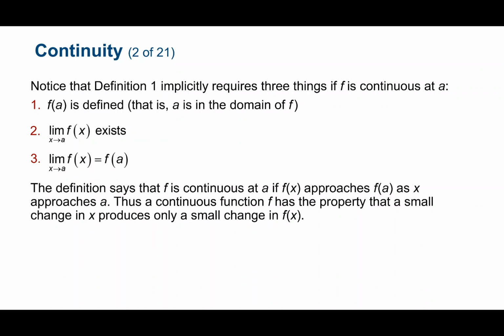Two, that the limit as x approaches a exists. If the limit as x approaches a does not exist, then we can't have continuity. Number three, that the two things match: the limit as x approaches a, and the thing we get when we evaluate the function at a, that number.